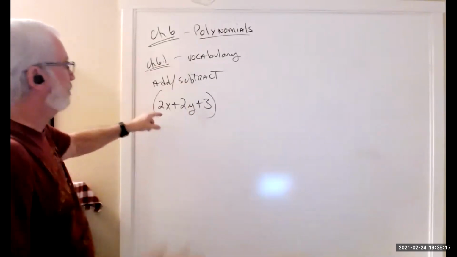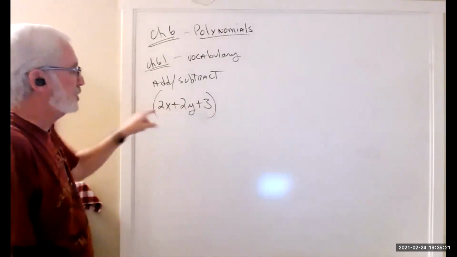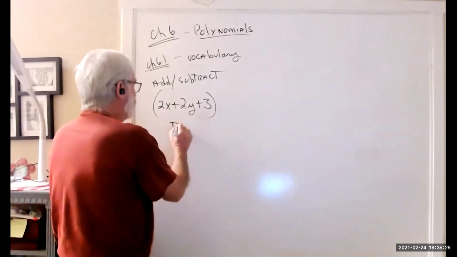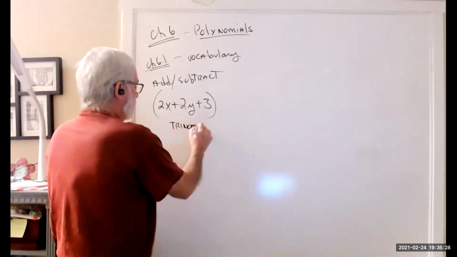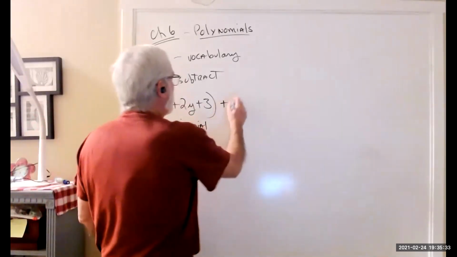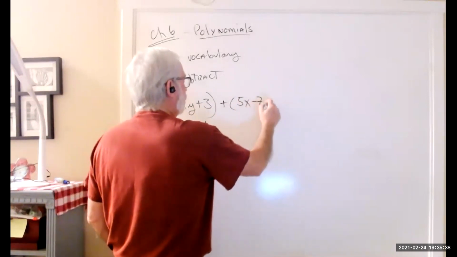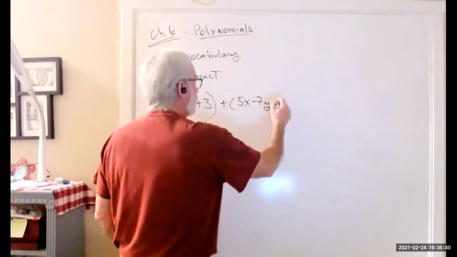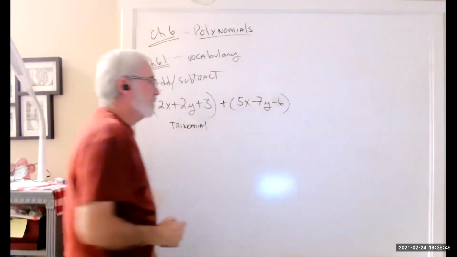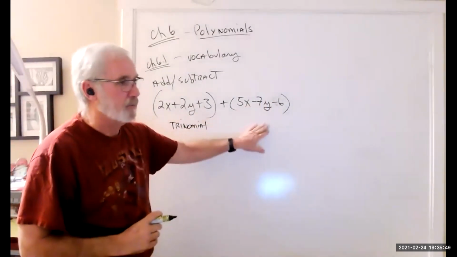A polynomial is a bunch of terms that are linked together in some way. So this is called a trinomial because it has 3 terms. Tri means 3. When we add it with another polynomial, 5x minus 7y minus 6, that's a different polynomial. Again, because it has 3 terms, it's a trinomial.